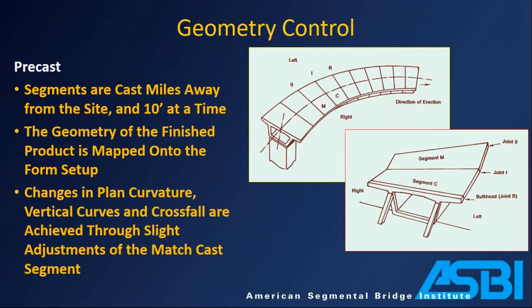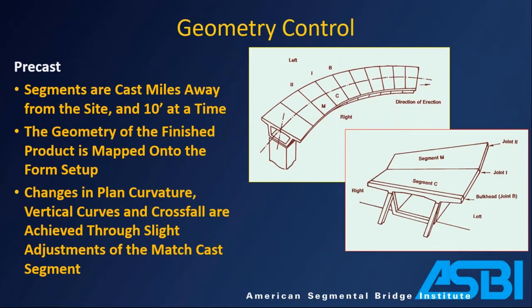So the whole idea behind it is that you want to look at each 10-foot chunk and recreate the relative relationship between two pieces in the form. So if you're looking really focused in on two segments and you say, okay, I've got a horizontal curve, it's curving in plan. That means my segments are going to be a little bit wedge shaped.